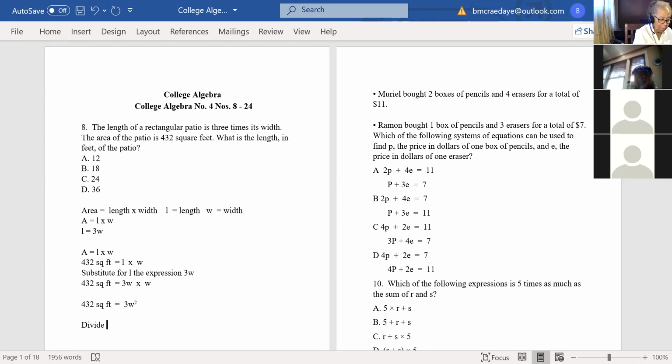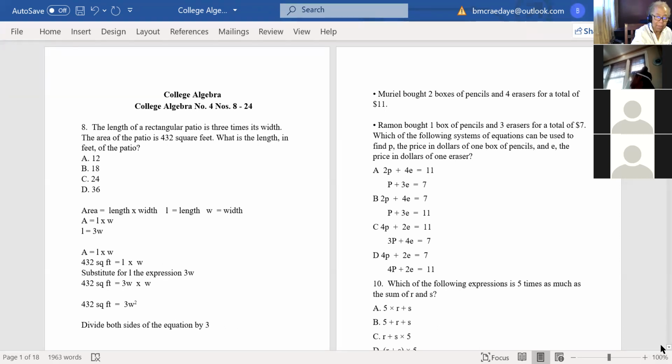Divide both sides by 3. So divide both sides of the equation by 3.